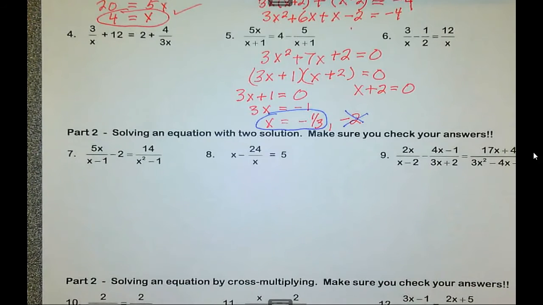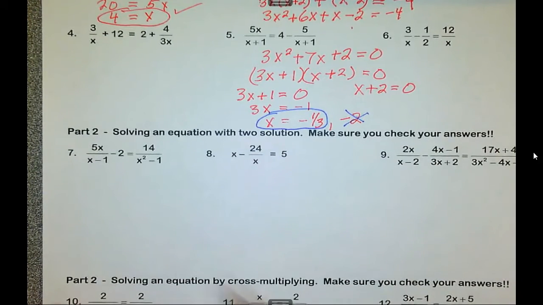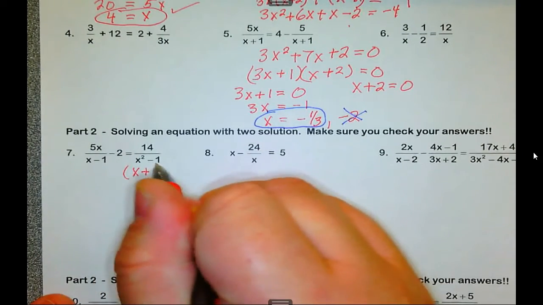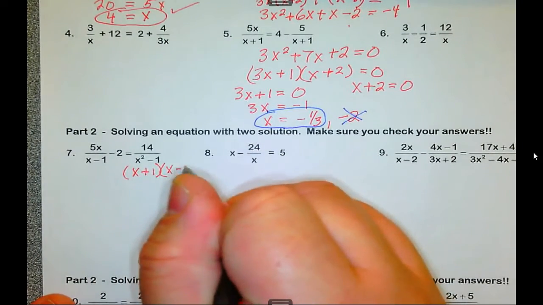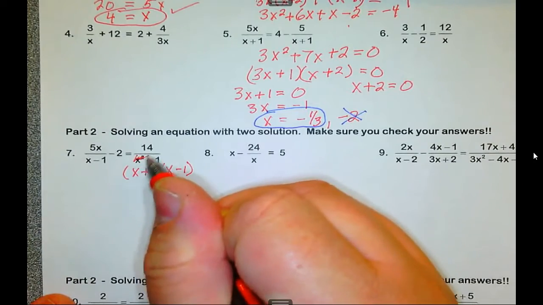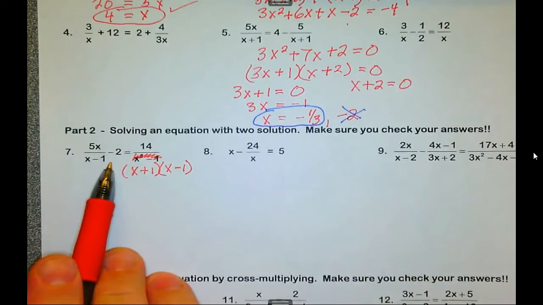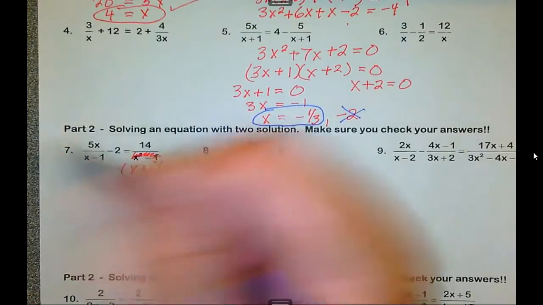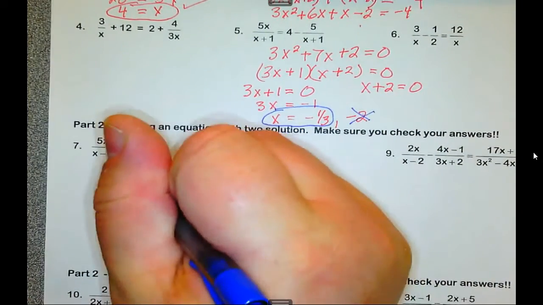Okay, what do I have to do first? That's right, factor. So I have x plus 1, x minus 1. I have a whole number, so what is the 2 over? That's right, 1.